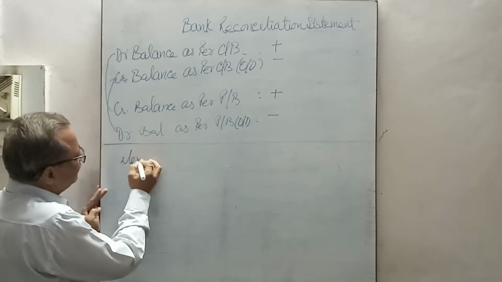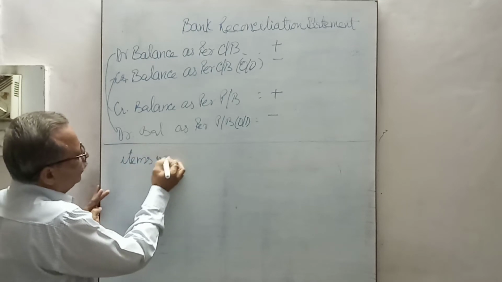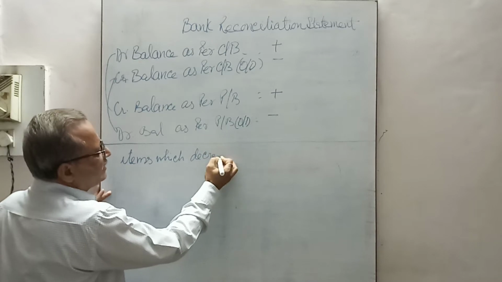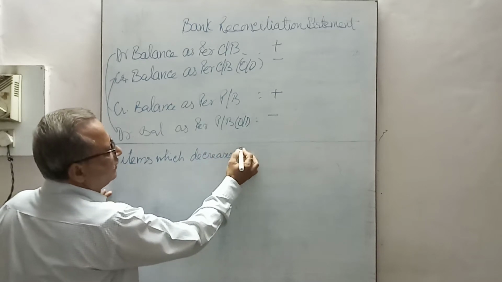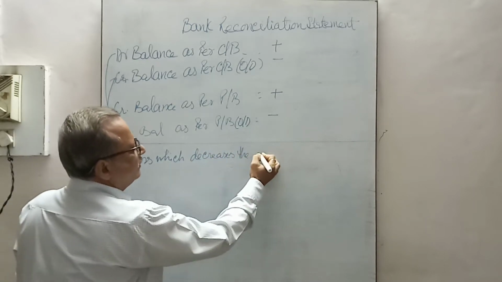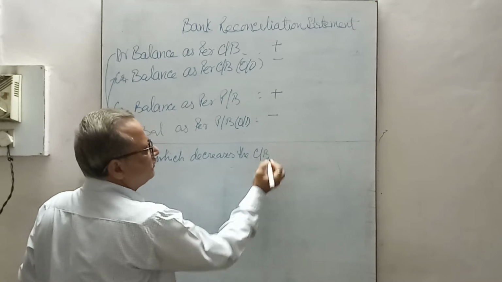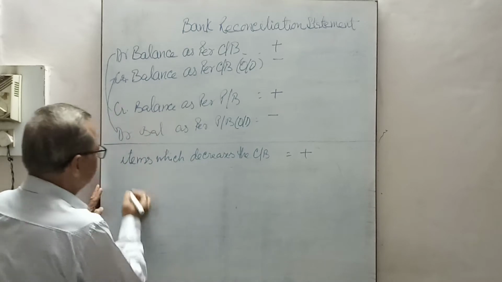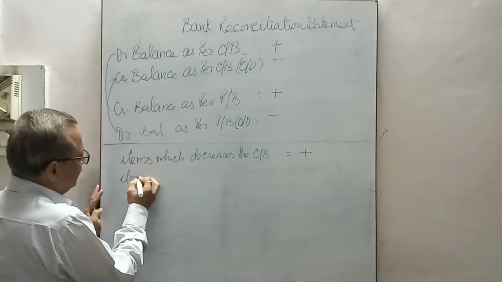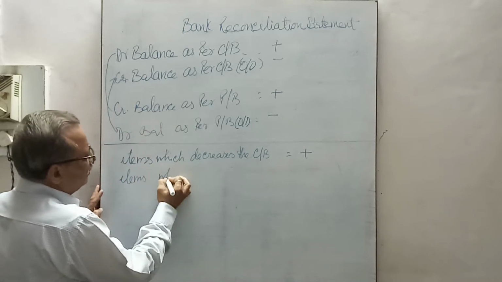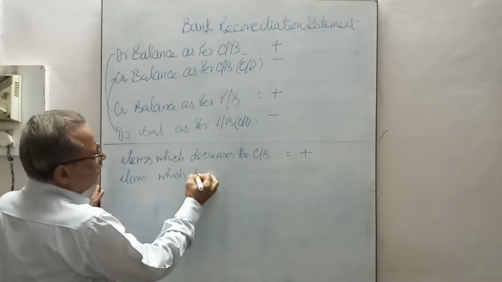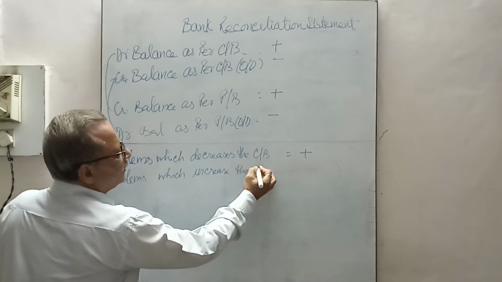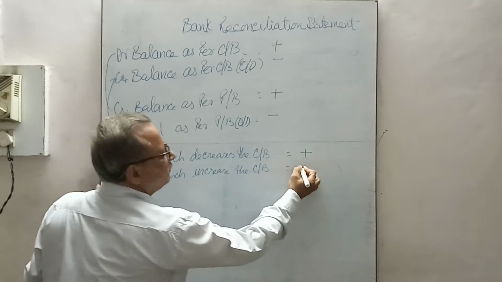Items which decrease the cash book should be plus. Items which increase the cash book balance should be minus.